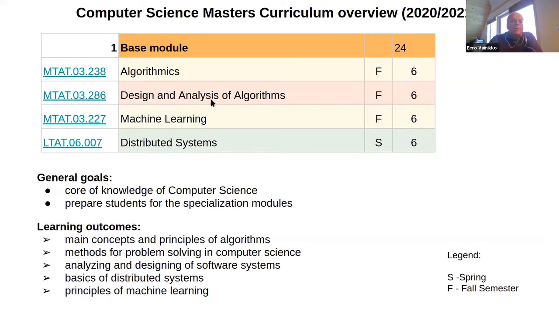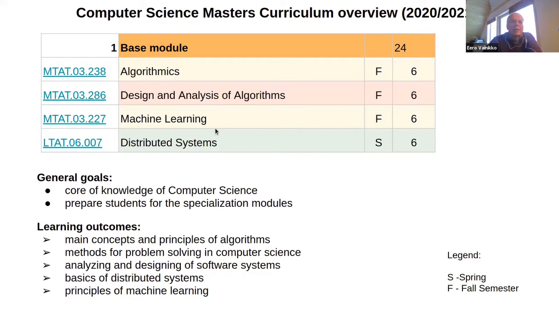The base module consists of 4 courses here. 3 of them run in the first semester: algorithmics, design and analysis of algorithms, and machine learning. These are suggested to take in the very first semester, although in principle, you can do it in the third semester as well.